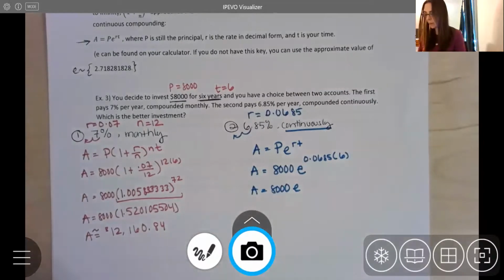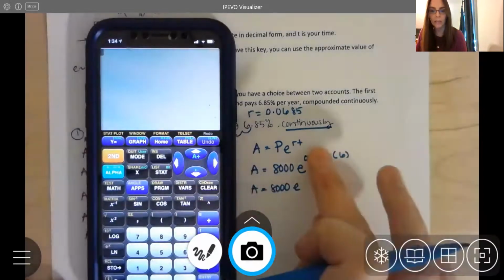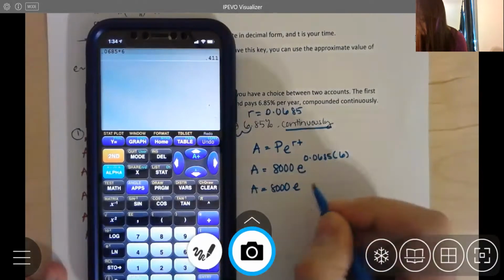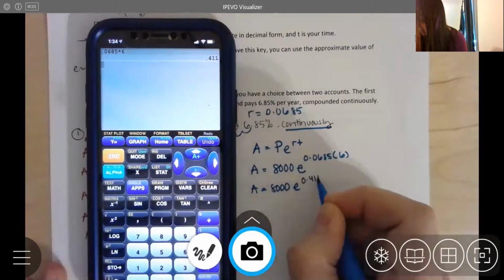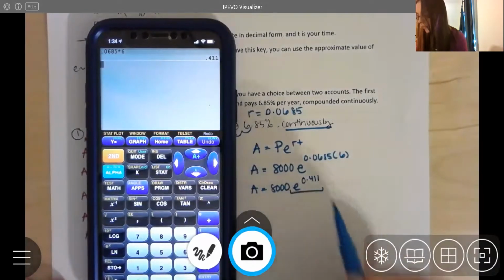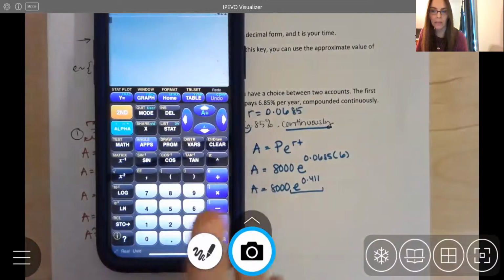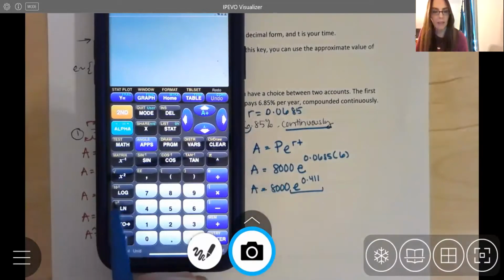So again, before I go too far, I'm going to clean this out. I'm going to do my exponent here and simplify that multiplication. So 0.0685 times 6. So I get 0.411. Then I'm going to do my exponent. Now, if you have a more high-end calculator or the calculator app, you can see I have E right there.